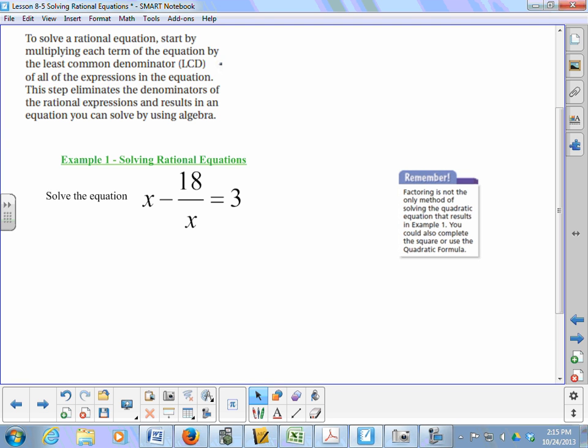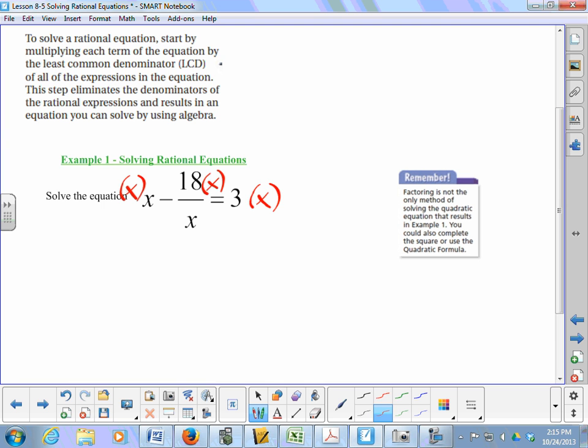We have two? What are they? X and 1. Good. Since I have two totally different denominators, my common denominator would be 1x. So to get rid of the fraction, I want to multiply everything by that common denominator. So I'm going to multiply x by it, negative 18 over x, and 3 by it.